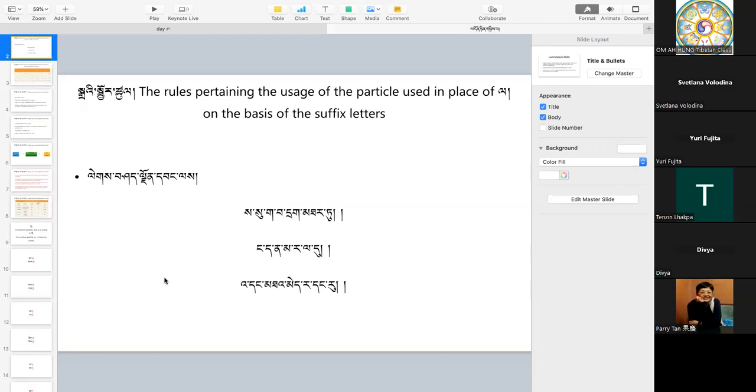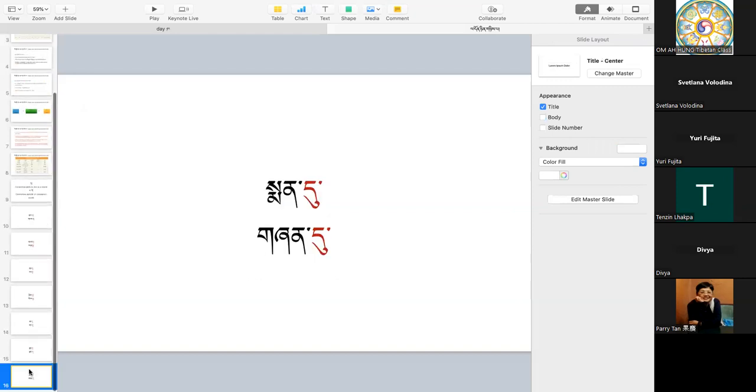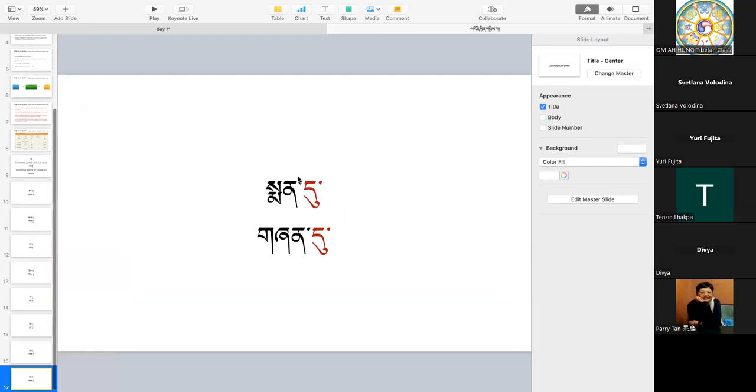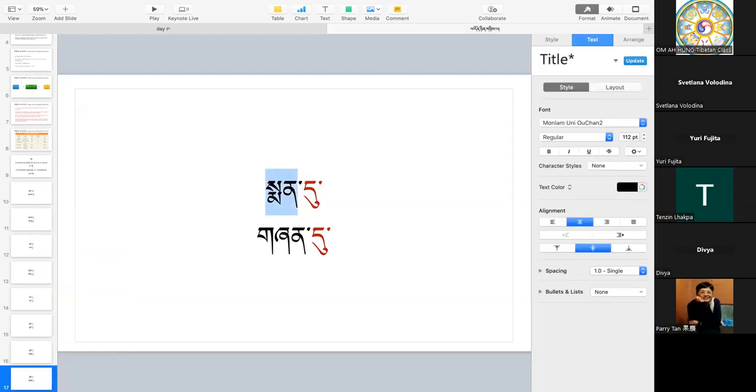Then, if it has a suffix letter ma: kam, tu.